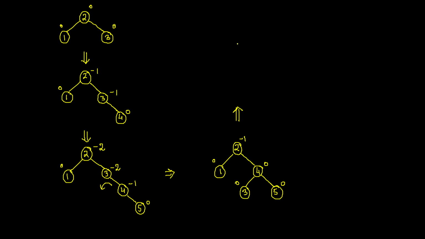So the new formation will become 2, then 4. On this side we have 3. On this side we have 5. On this side we have 6.